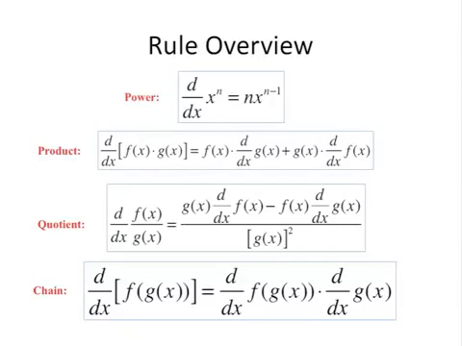Quotient rule: low d high minus high d low, square the bottom, and away you go. And chain rule, remember, if there's a function inside of another, you have to do the derivative of the inside function also, and that's simply multiplied on. And again, the power rule is fairly simple. Just drop the exponent down, and then drop the exponent itself down by a single value of 1.